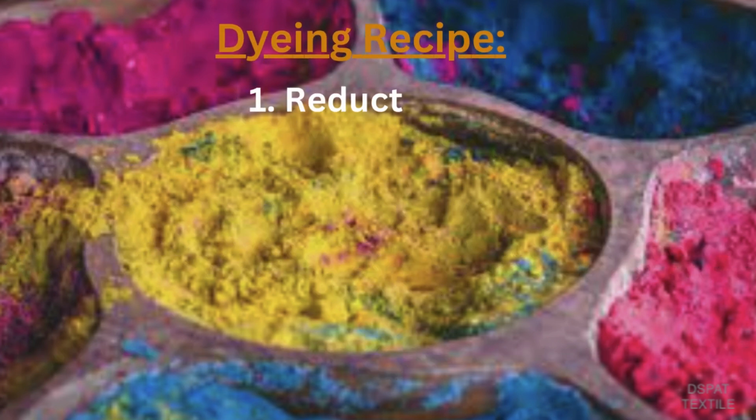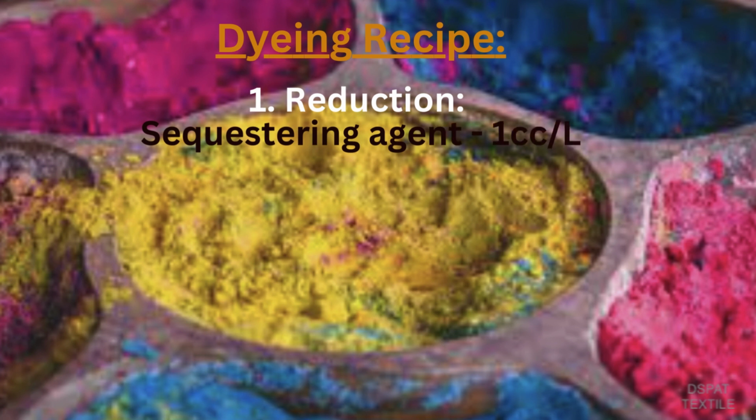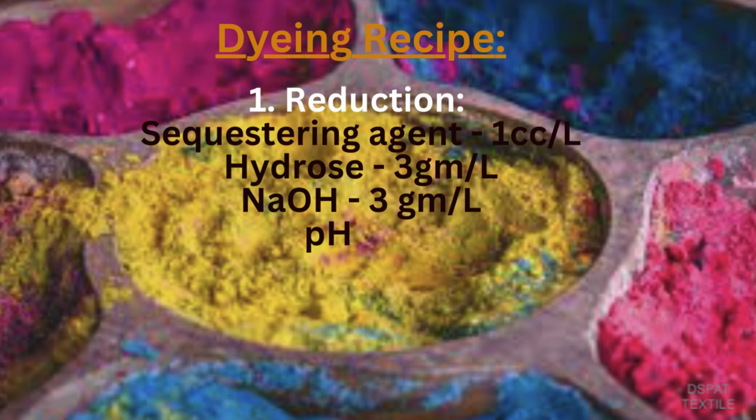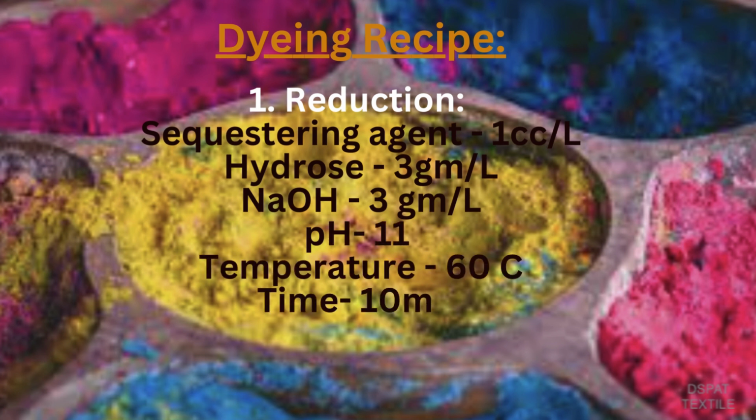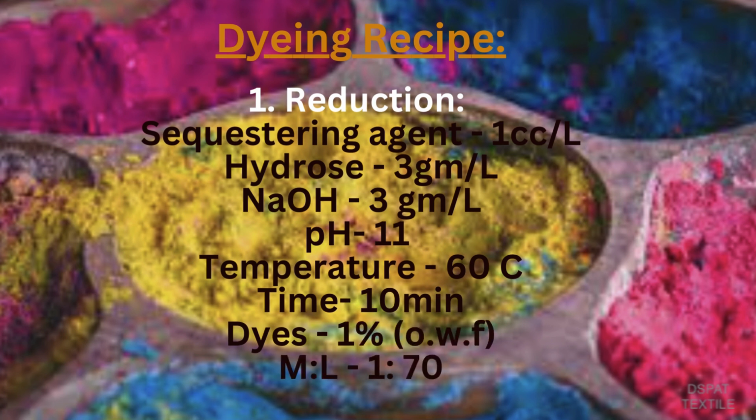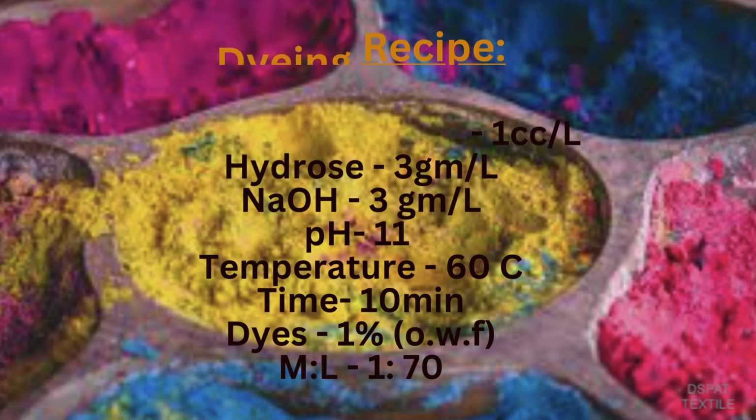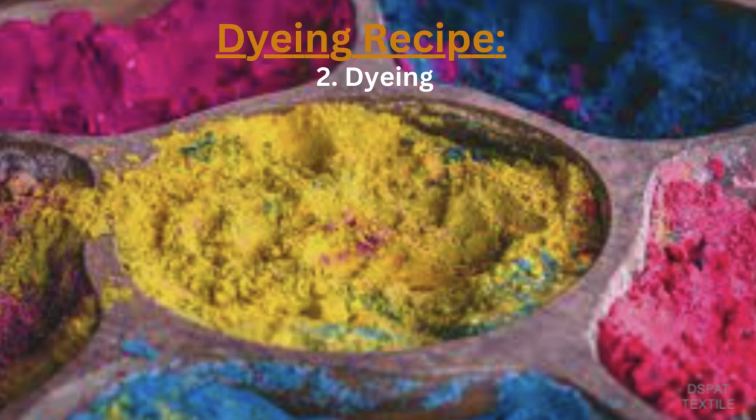Dyeing recipe. 1. Reduction. Sequestering agent 1 cubic centimeter per liter, hydrose 3 gm/L, NaOH 3 gm/L, pH 11. Temperature 60 C, time 10 minutes, dyes 1% O.W.F., ml 70. 2. Dyeing.